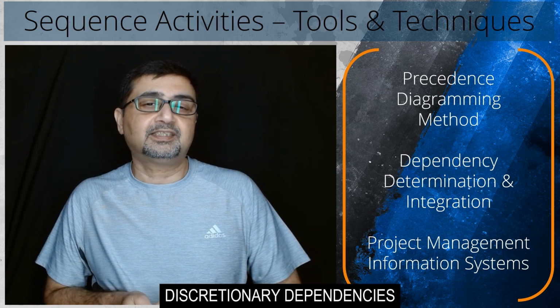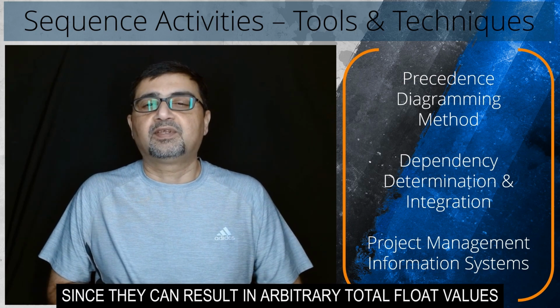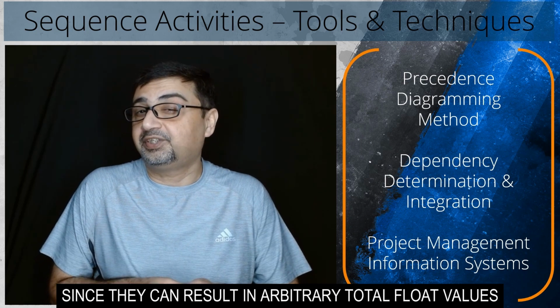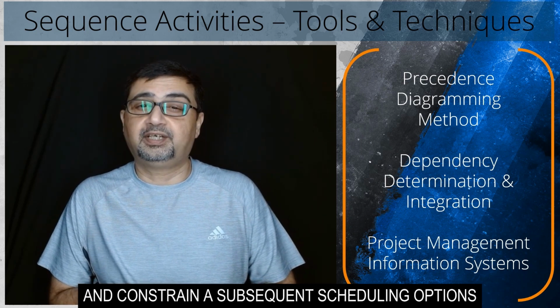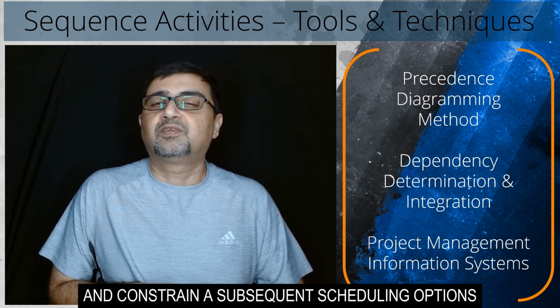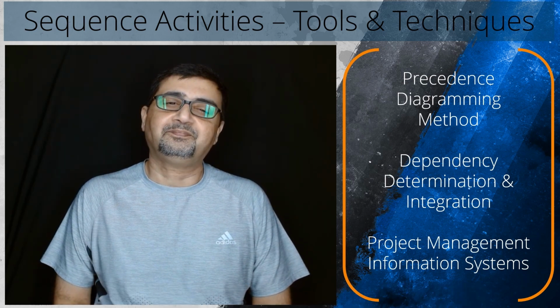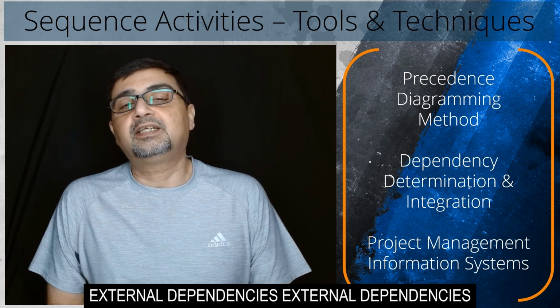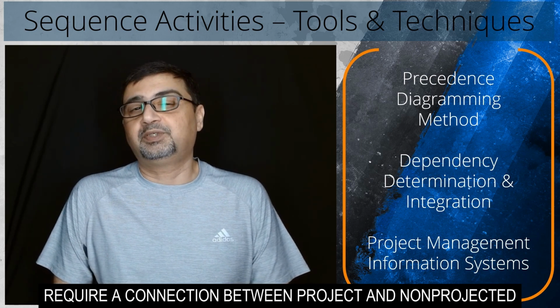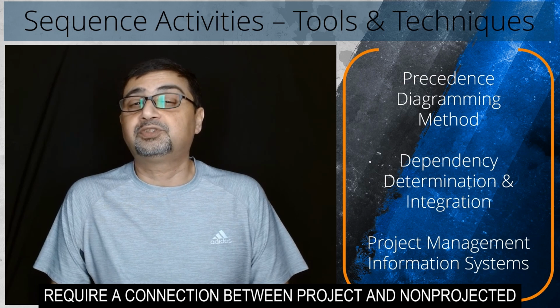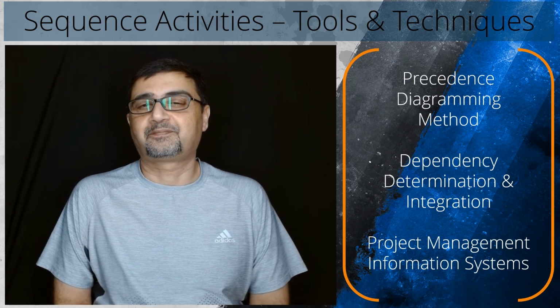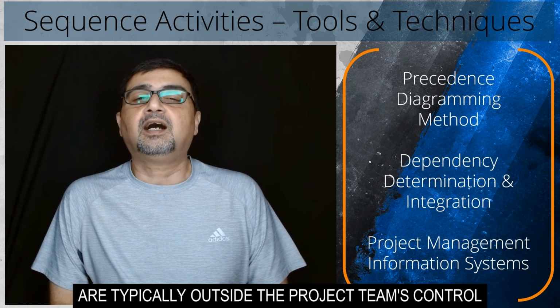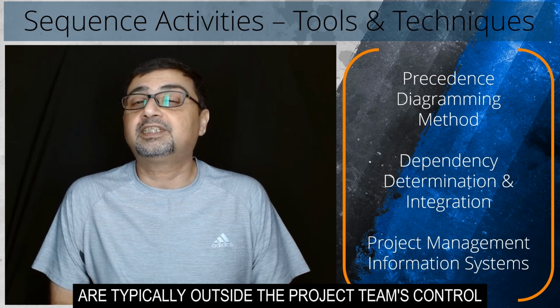Discretionary dependencies should be thoroughly described since they can result in arbitrary total float values and constrain subsequent scheduling options. External dependencies. External dependencies require a connection between project and non-project activity. These dependencies are typically outside the project team's control.